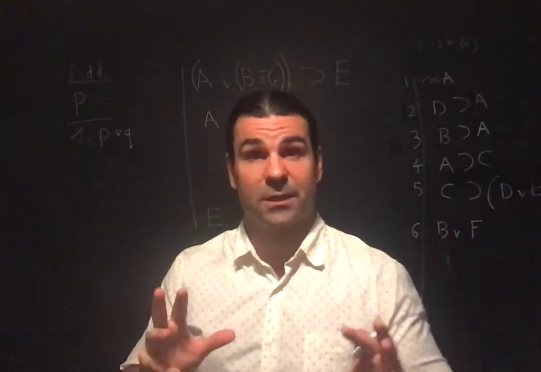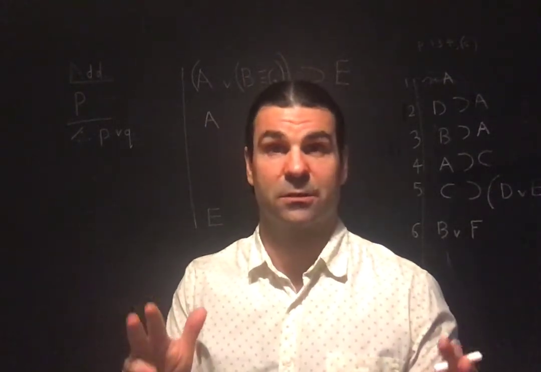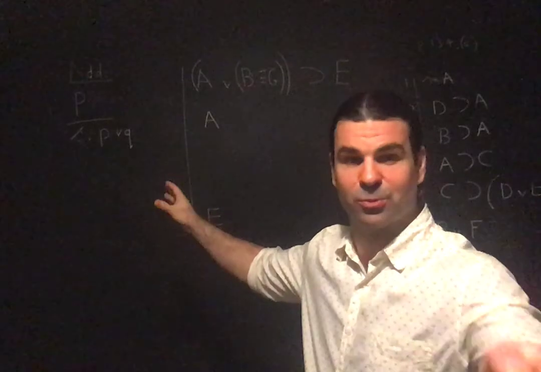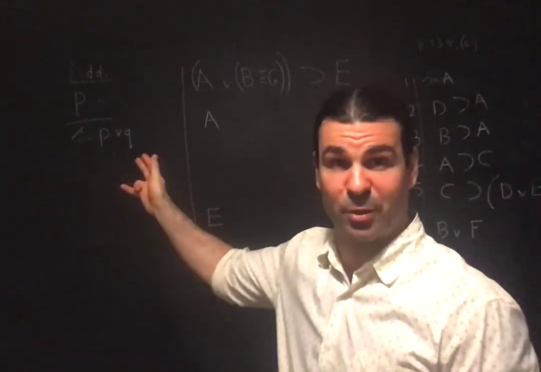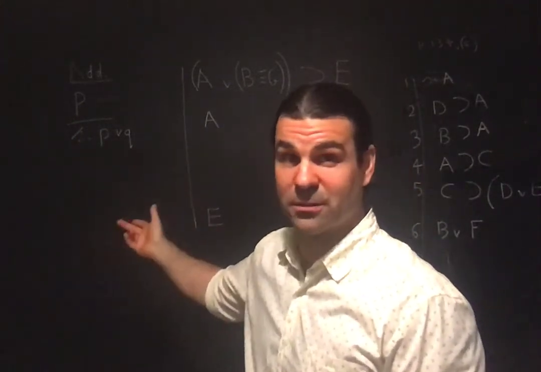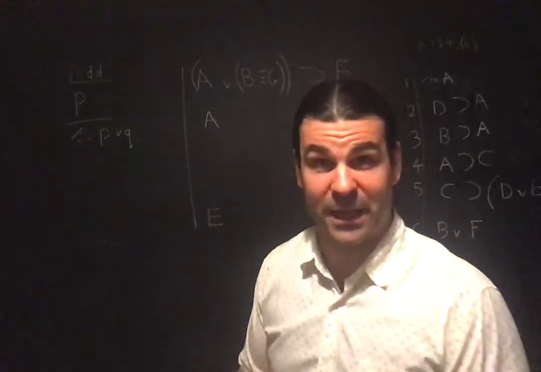Let me mention the paradigmatic situation you'll be in when this is going to be useful. It's a rule which entitles you to infer from any premise to the disjunction of that premise and anything else you want. So Q can be any legal formula.